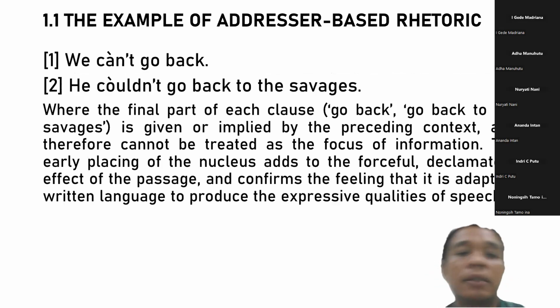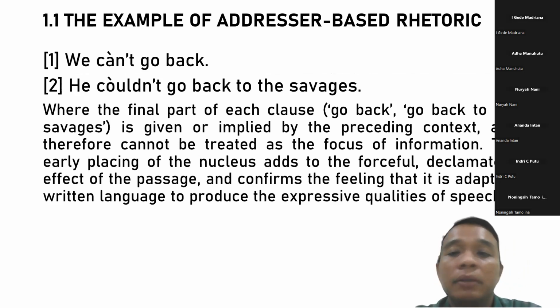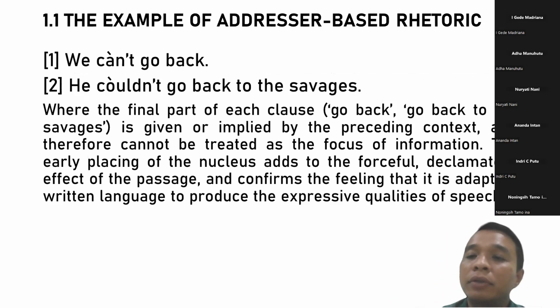Okay, next, I'll show you an example of addresser-based rhetoric. As you can see below, there are two examples of sentences. The first one is, we can't go back. The second one is, we couldn't go back to the safe pages.